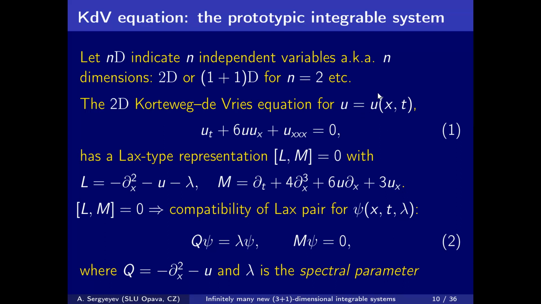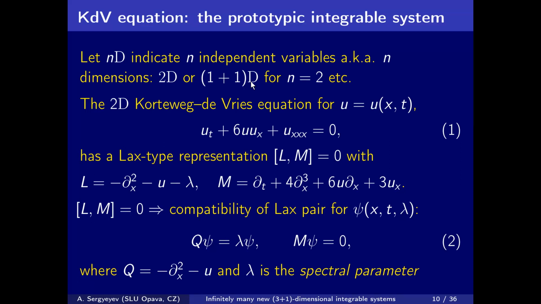Let me stress, however, for colleagues who are more inclined to physics, that in my talk, when I use this notation 2D, or especially 1 plus 1D, or 2 plus 1D, or 3 plus 1D, I do not imply the relativistic covariance of any kind.